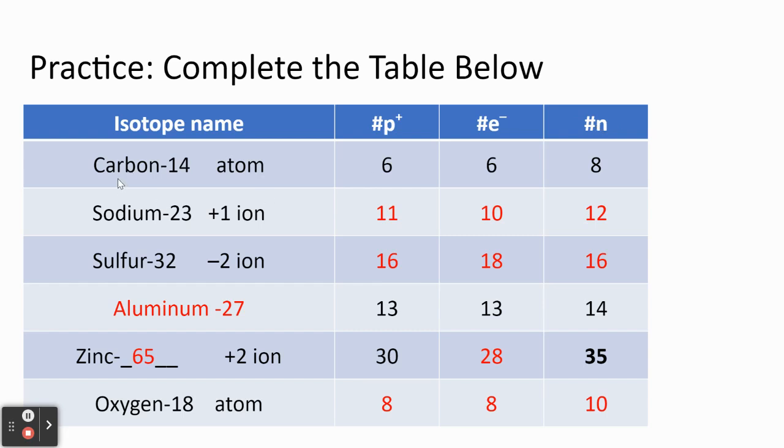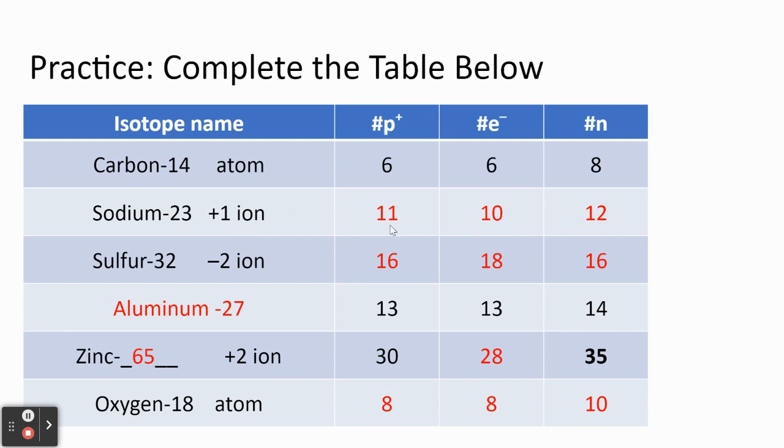So when we look at carbon, the atomic number is 6, which means we've got 6 protons. It's an atom, so it's neutral. It has 6 electrons. And we take the mass number, which is 14, subtract the number of protons, and that gives us the number of neutrons, which is 8. If we have sodium 23 that has a +1 charge, we look up sodium on the periodic table.